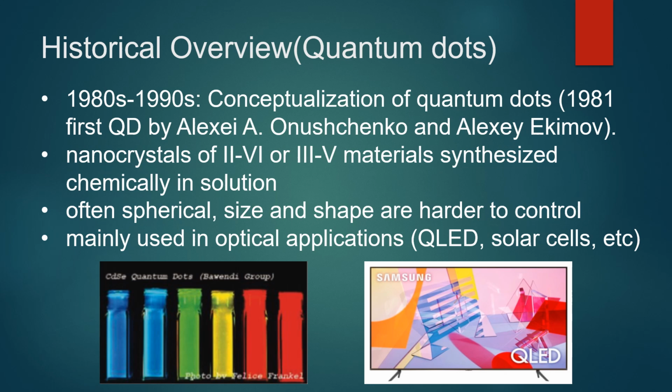And lastly, for application, colloidal quantum dots are mainly used in optical applications such as displays, quantum LEDs, and solar cells, because their size differences make them able to fluoresce at different wavelengths, while silicon germanium quantum dots are primarily used in quantum computing because they have very precise control.